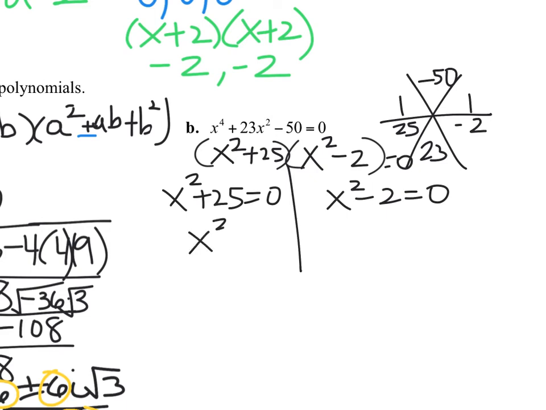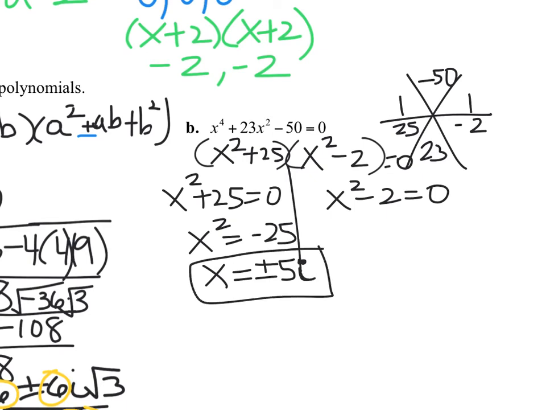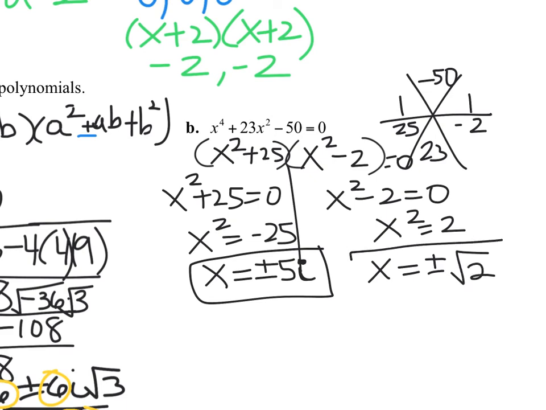So for all of these, we can simply subtract 25 over, and then take the plus and minus square root of negative 25, which would be plus and minus 5i. Over here, you're going to add 2, take the plus and minus square root of 2, which is just square root 2.